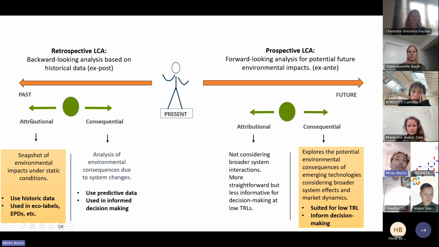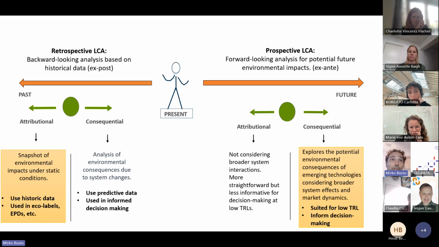If it is attributional, we are taking a snapshot of environmental impacts under static conditions. Let's say that we isolate the product, process or service that we are analyzing from the overall system, and we are just assessing its environmental impacts without considering broader system effects.